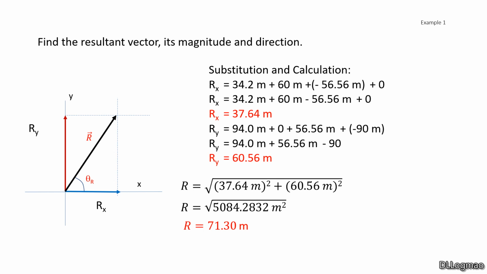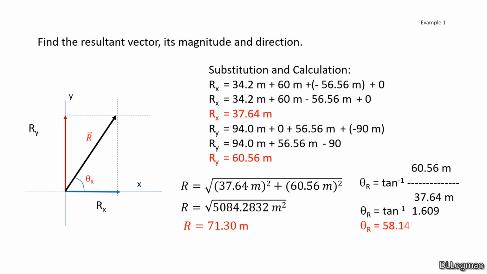Inasmuch as the resultant vector is acting on the first quadrant, the direction theta sub R is equal to the inverse tangent of the ratio of 60.56 meters and 37.64 meters. The ratio of 60.56 meters and 37.64 meters is 1.609.